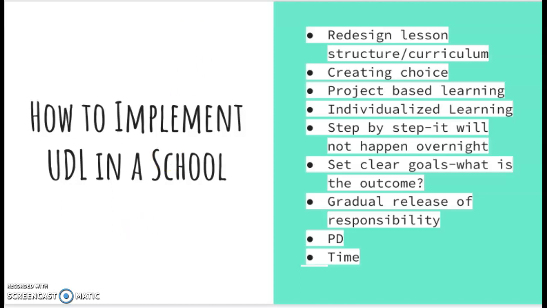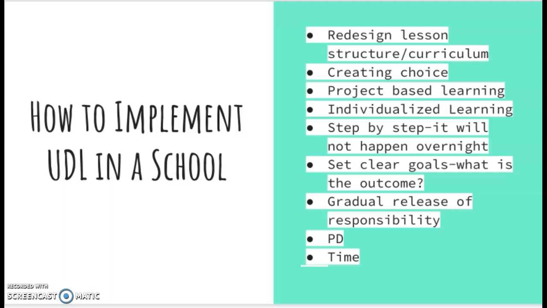Looking at how to implement UDL in a school, basically the basics: you'd have to redesign your lesson structure and your curriculum, thinking outside of the box a little bit, creating choice within your classroom, maybe going more towards a project-based learning style where all students are creating in their own ways.